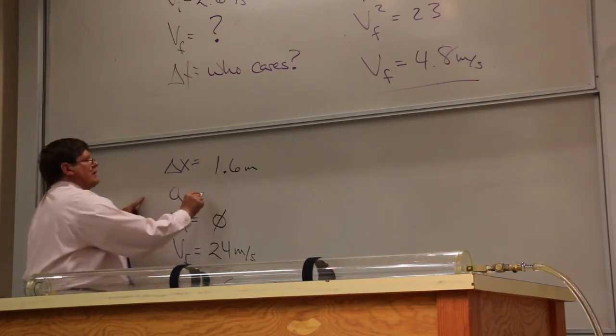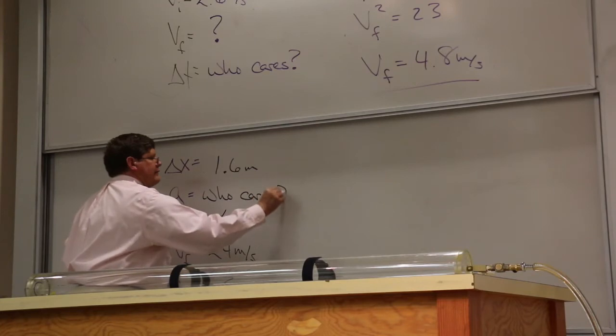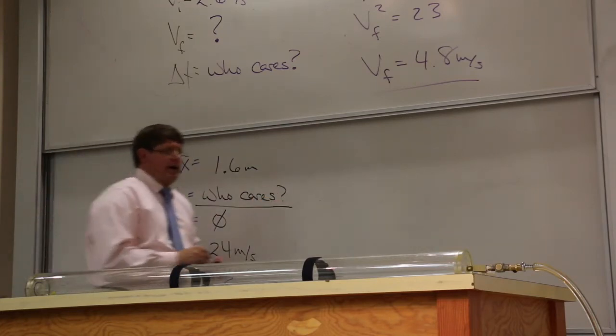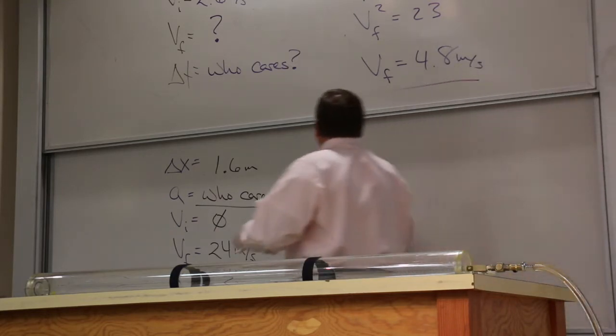That makes the acceleration the who cares. That who cares tells me which equation is going to give me my answer. I go to my list and I look for the equation that does not have acceleration in it. Well, there's acceleration, there's acceleration, there's acceleration. I have to use this second equation here, which is the operational definition of average velocity.